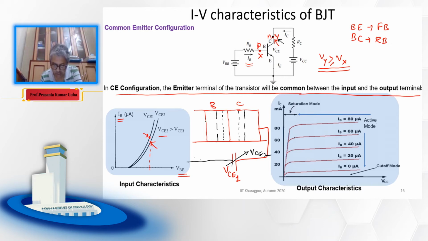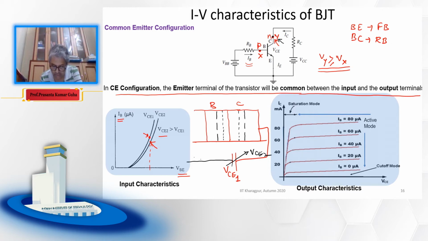So more and more carriers from the emitter will be able to reach the collector now, so there is less recombination. We discussed this part in the last class, so I think it is much easier to visualize now.